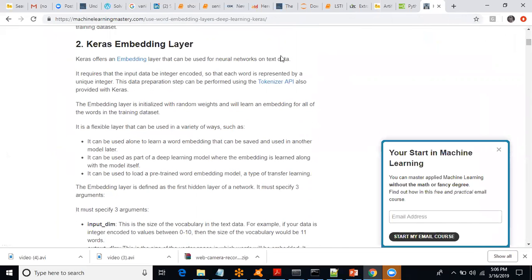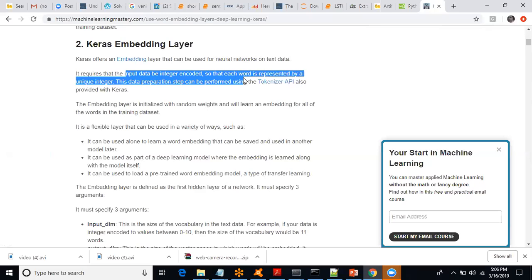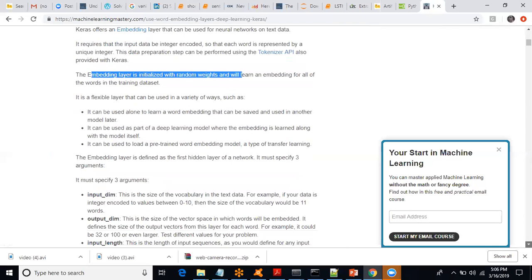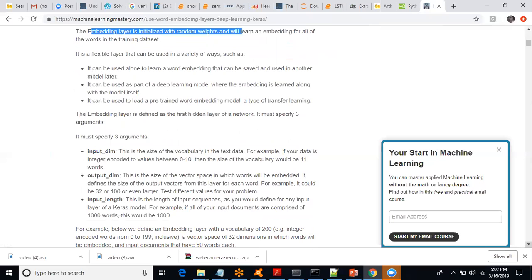You can use the Keras embedding layer. It requires the input data to be integers, so each word is represented by a unique integer. We are going to convert text into a binary vector. That is what we are talking about with the embedding layer: input dimension, output dimension, and the length.